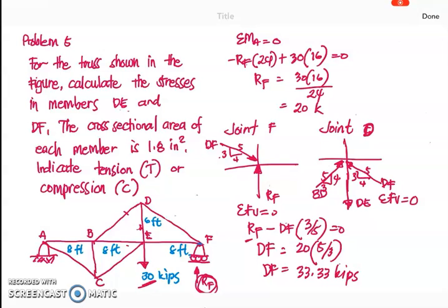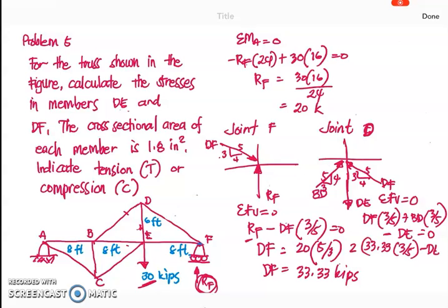So we can have upward DF times 3 over 5, plus DB, which is 3 over 5, minus DE equal to 0.